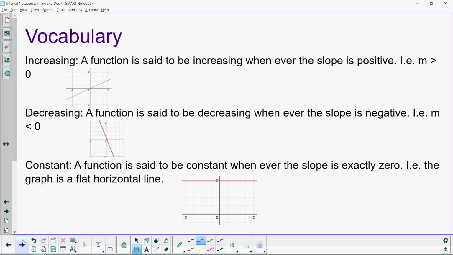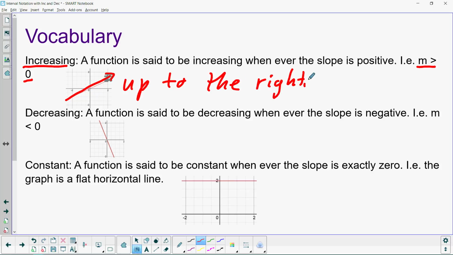The first thing we need to know is what we mean by increasing, decreasing, and constant. Those three words are just talking about the slope of the graph. If it's increasing, that means our slope is greater than 0, meaning our graph is going to go up to the right. Decreasing is just the opposite.